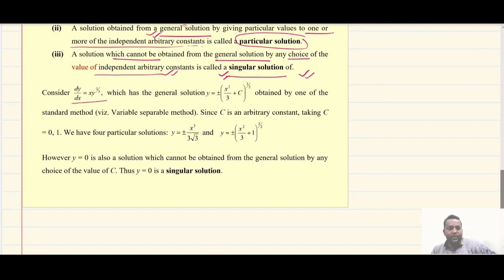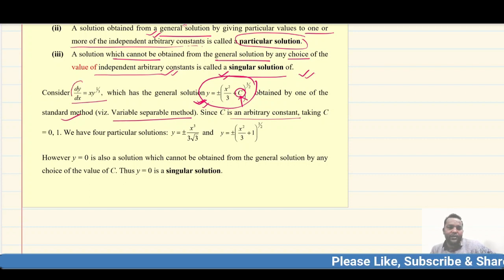As we solve this differential equation, its solution can be obtained from one of the standard methods, that is the variable separable method. Then this solution involves exactly one parameter, where C is any arbitrary constant. Equivalently, this relation involves as many independent parameters as the order of this differential equation.